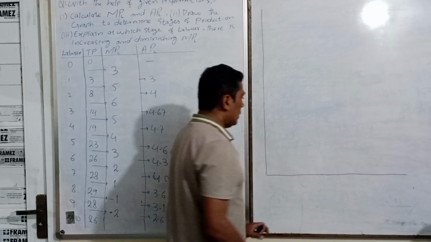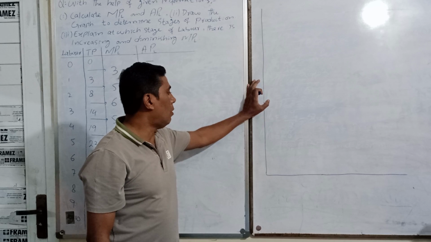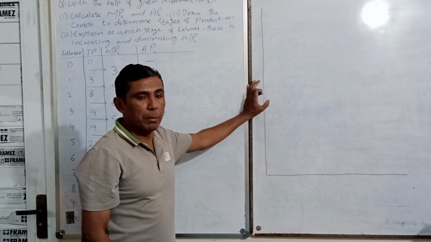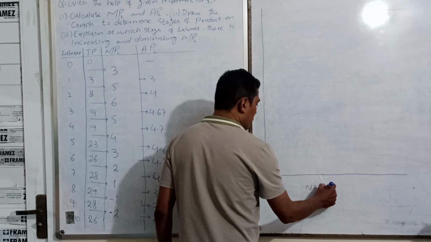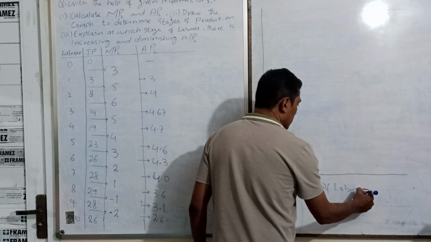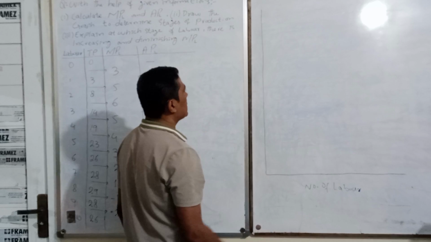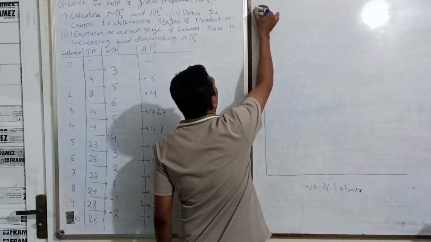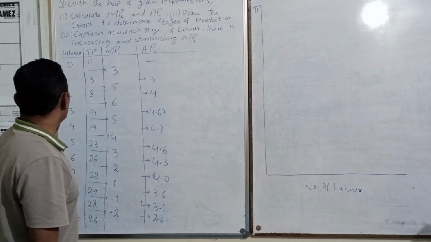One important thing you should always remember: on the x-axis we have number of labor, and on the y-axis we have total product, TP, total product values.